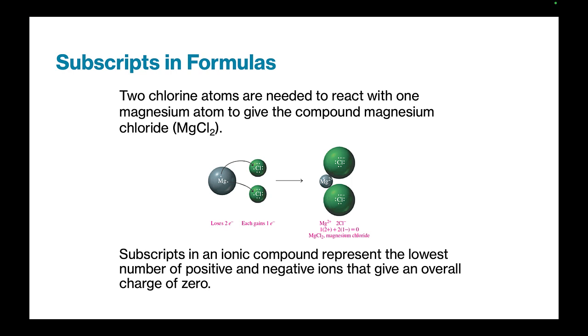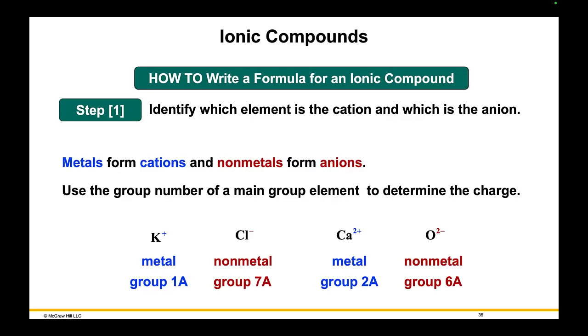Just to reiterate that point, we saw that magnesium lost those 2 valence electrons to the chlorine. We ended up with MgCl2, and again, we represent the number of each element with a subscript after that element in the formula.